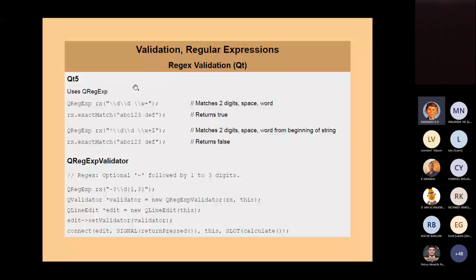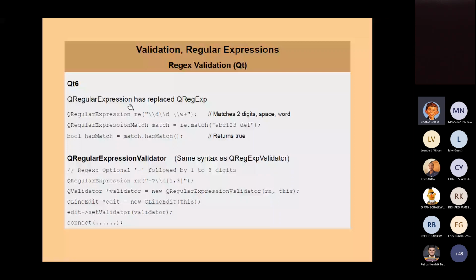So please don't use this class at all. We'll look at the other one. This is the one you must use, regular expression, and this replaced Regex. As I say, this regular expression is available in QT5, and it's also all that's available in QT6. So use this one, and then it won't matter whether you're using QT5 or 6.